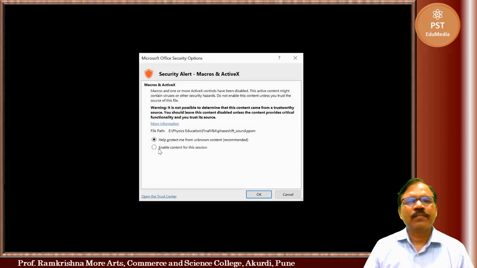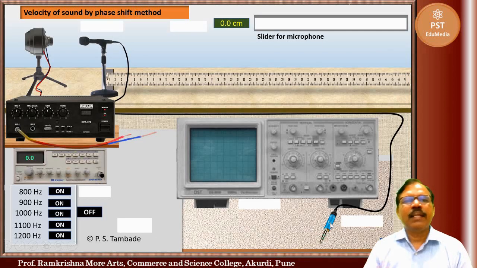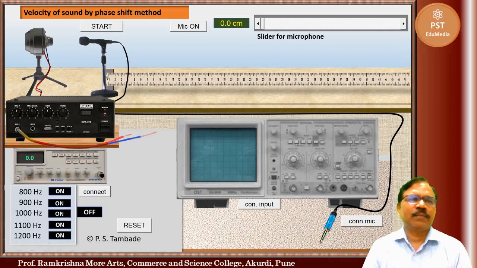Now here, velocity of sound by phase shift method, this is the virtual lab. So here instructions are given on how to use the virtual lab. So go through the instructions and click the next button. Click the next button. So here this is the setup.